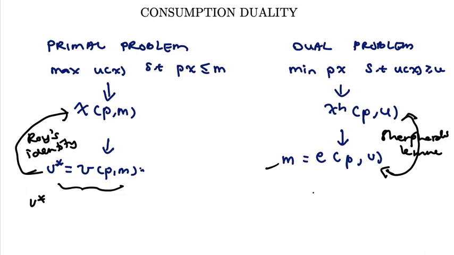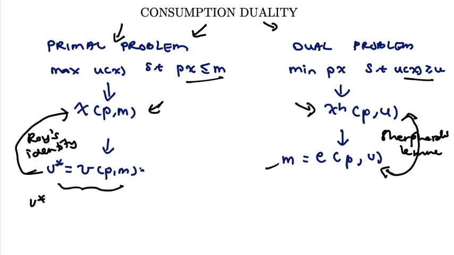Here, the consumer tries to maximize utility subject to a monetary constraint, or the consumer tries to limit their expenses or costs subject to their targeted or desired utility level. Either way can be solved, especially if we properly calculate the Marshallian and Hicksian demand functions. So that's the consumption duality.